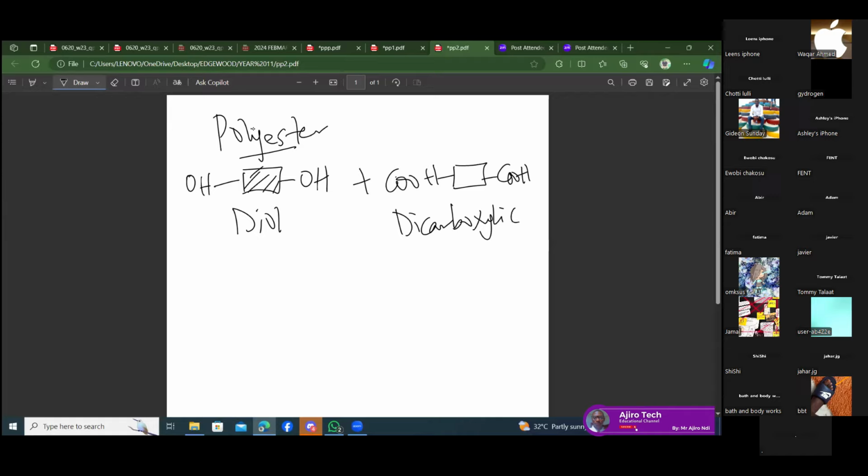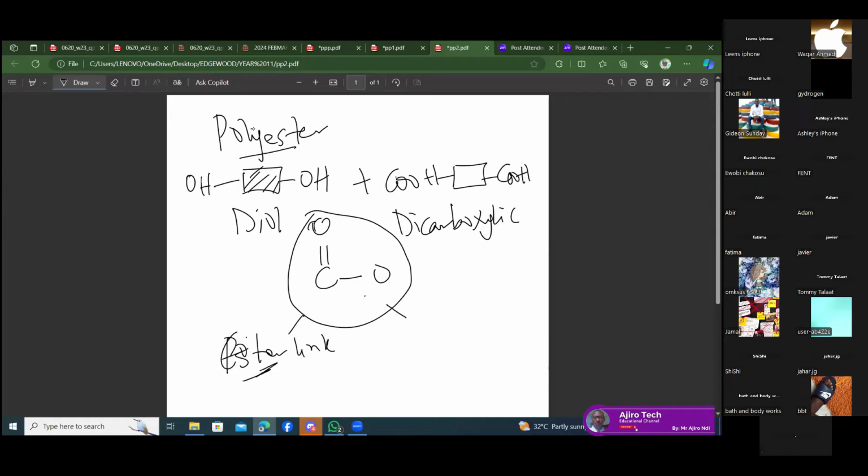You're going to form, this is going to be the linkage, COO. Whenever you see this, this is the ester linkage, which forms the polyester. Of course, there is an elimination of water.